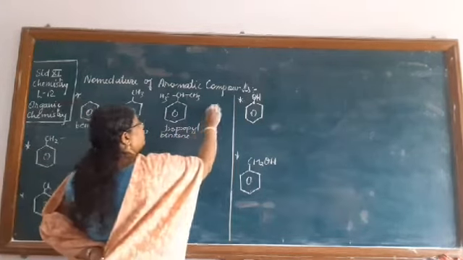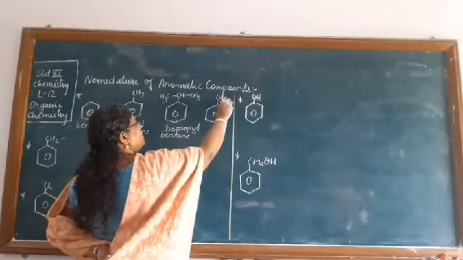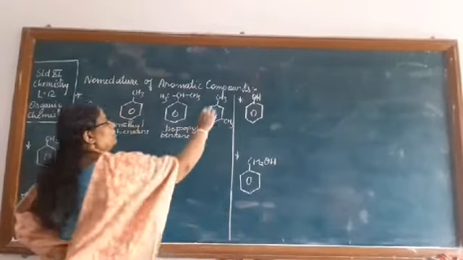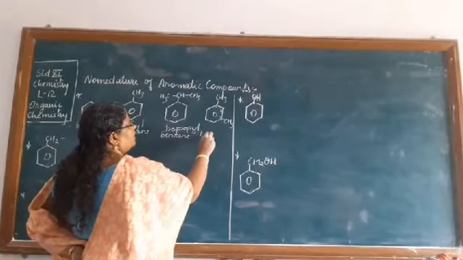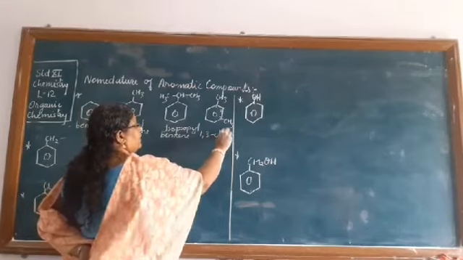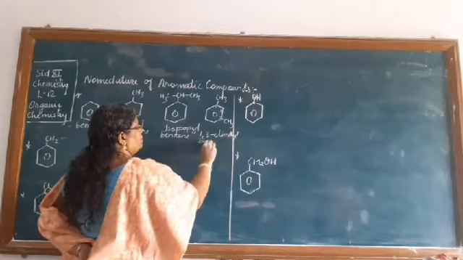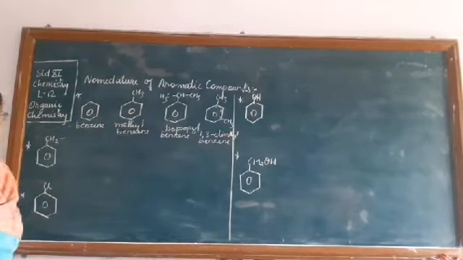Okay. If you have a compound like this, if I have CH3 here and CH3 here, then what will be the name? 1, 2, 3. This is 1,3 dimethylbenzene. Okay. These are all IUPAC names I am talking about.